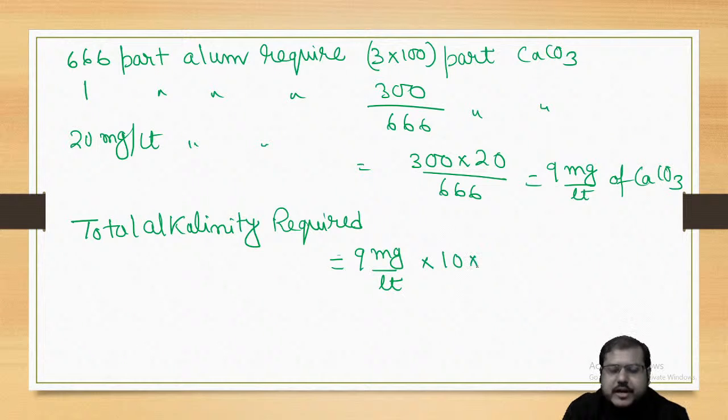Q is 10 into 10 to the power 6 liter per day.